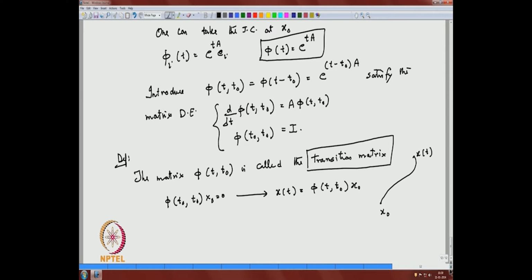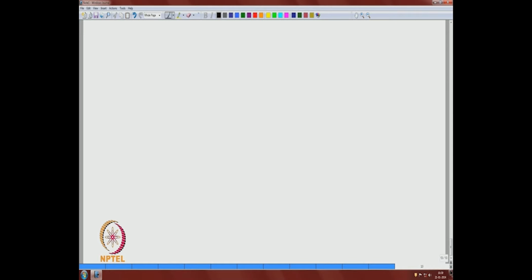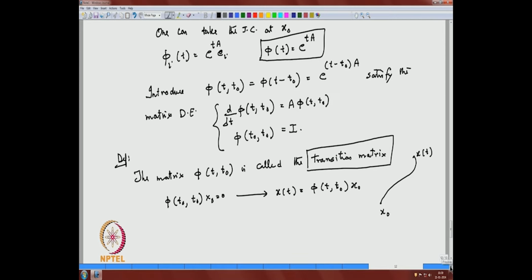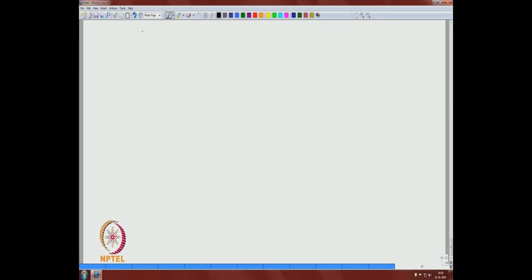So there is also a notion of fundamental matrix. Okay. Fundamental matrix is more or less like a transition matrix, but we do not put a condition on the initial value.